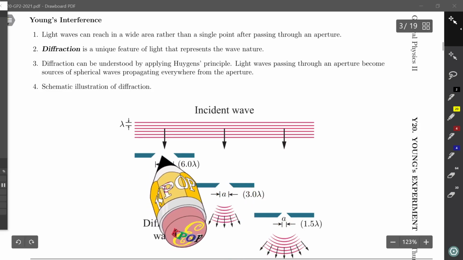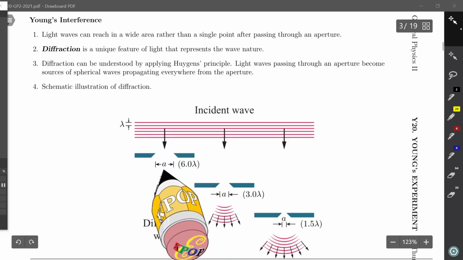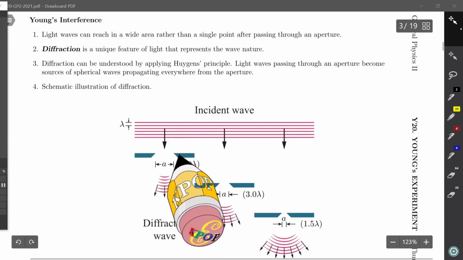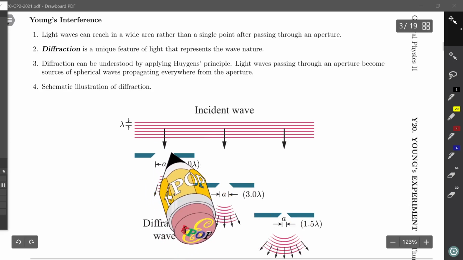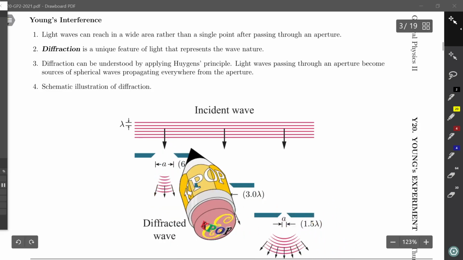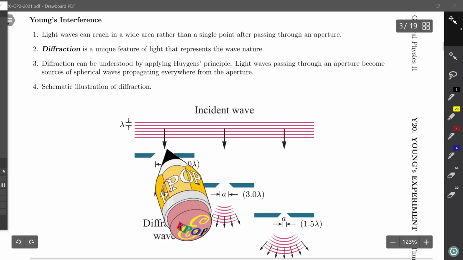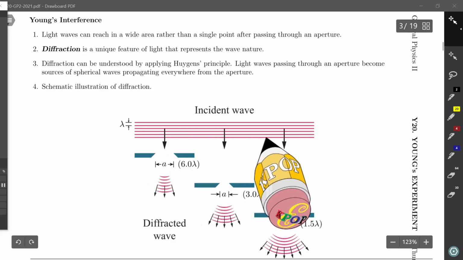I mean, if the hole is large enough, the wave will go ahead similarly to a plane wave, but as the size of the hole decreases, the transmitted wave behaves more like a radial wave. That is the striking difference between a small hole and a large hole. From now on, we call this hole a slit.